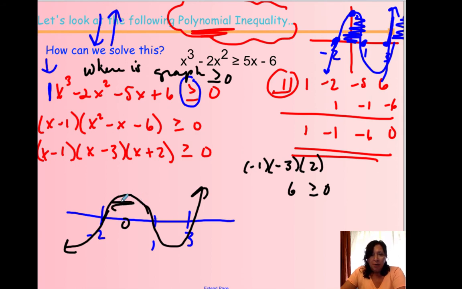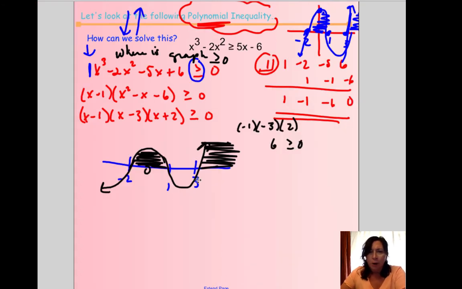So you know it's going to be greater than or equal to 0 here and here. So therefore, my answer would be, just like in my picture up here, just like by graphing, that's what it would be. So it's going to be from bracket -2 to 1, and also 3 to infinity. So 3 to infinity.